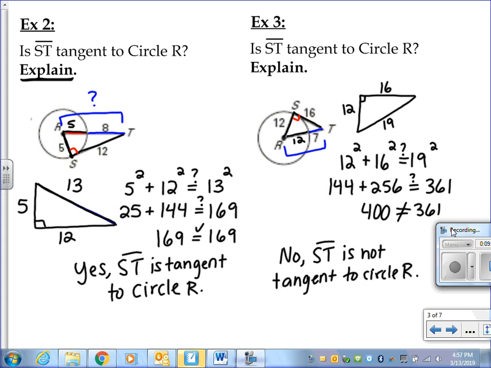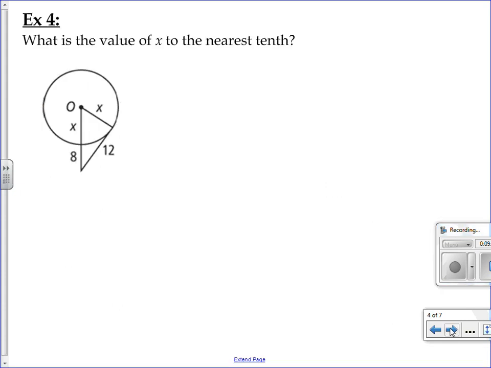All right, let's take a look at the next example. So it says, what is the value of x to the nearest 10? You kind of notice these are all the same ideas. And I should have added in that segments that appear to be tangent are tangent.